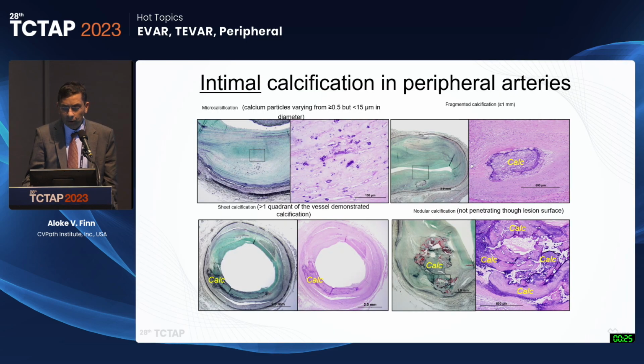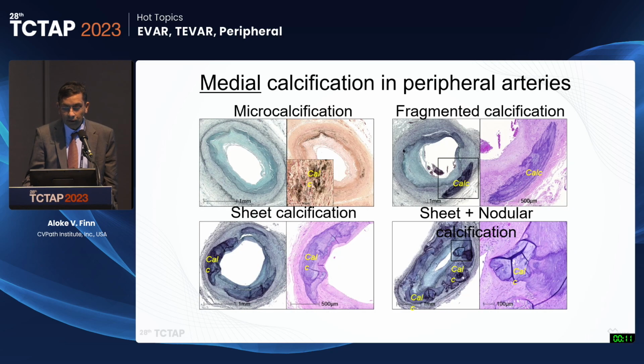And the types of intimal calcification are what's seen in coronary arteries. You can see microcalcifications, fragmented calcification, which are larger coalescences of calcification, sheet calcification, or nodular calcification. These are the different morphologies. Medial calcification goes into similar aspects: microcalcification, fragmented calcification, sheet calcification, and nodular calcification, except this is medial calcification.